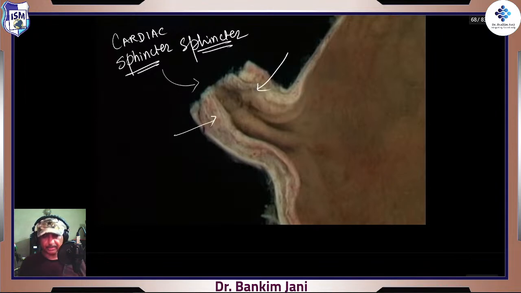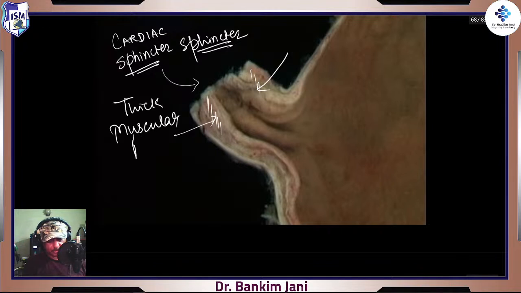They surround the entire opening and form a thick muscular ring. This is what really prevents reflux, so that acid does not come back.